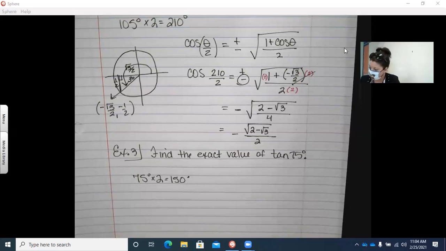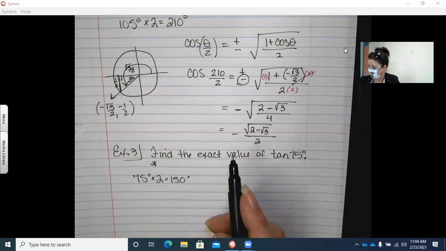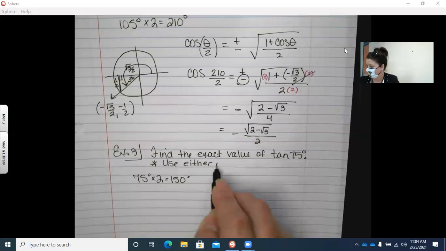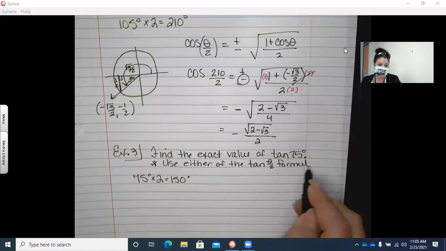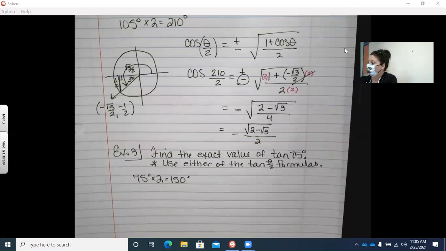I wanted to make sure we wrote in our notes, use either of the half angle formulas for tangent. Now the one under the radical, we only need to figure out the cosine, right?